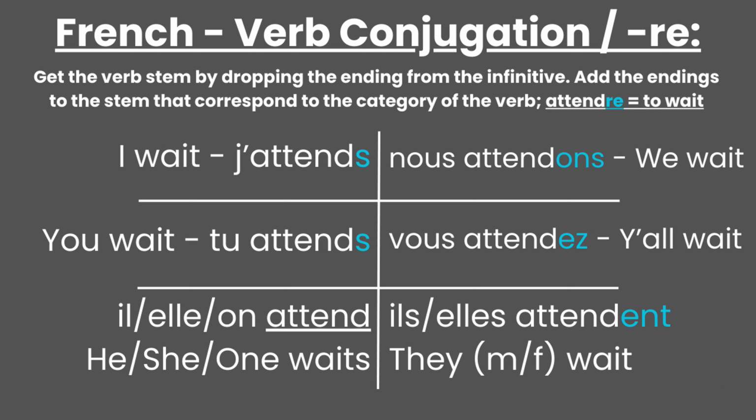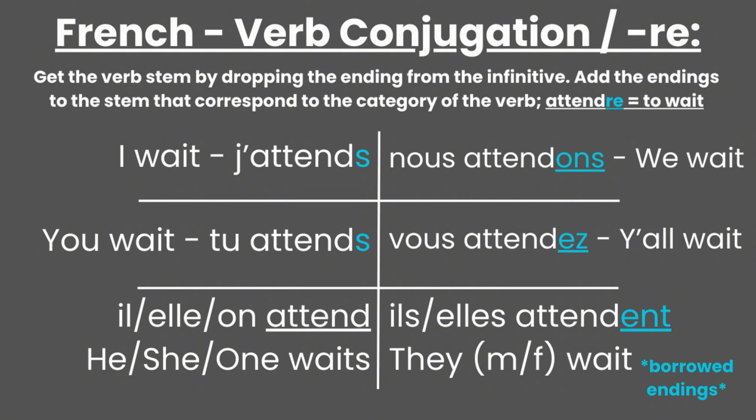For these verbs, the endings are s for je and tu, just the stem for il, on, ons for nous, ez for vous, and ent for ils. Considering the previous conjugations, some endings are simply borrowed from er verbs, like ons, ez, and ent.